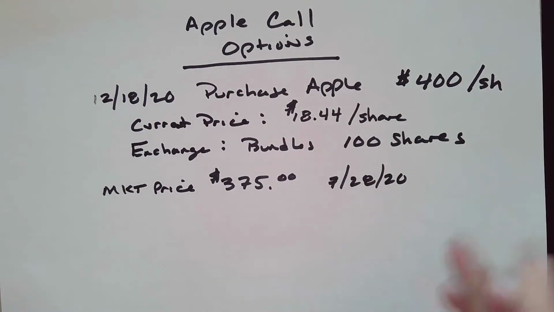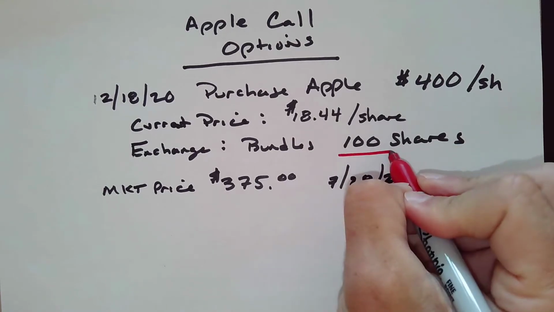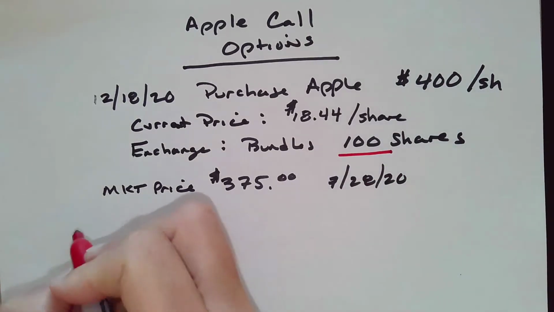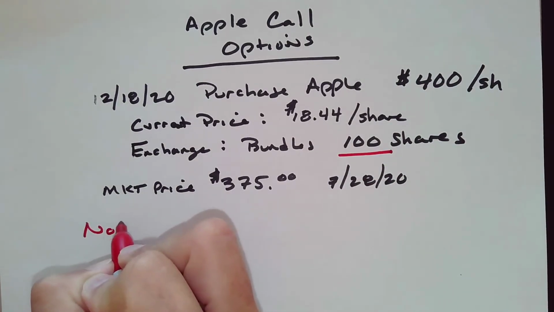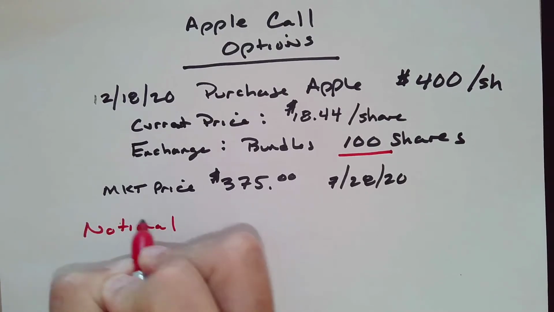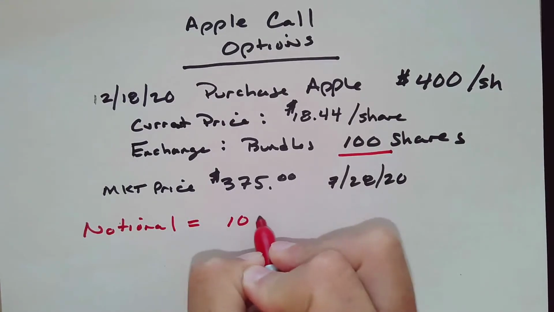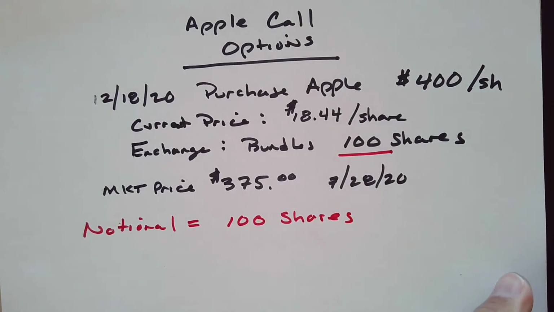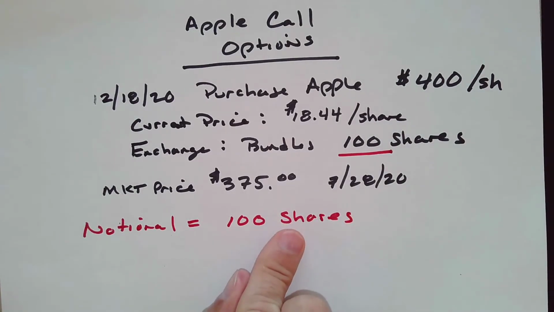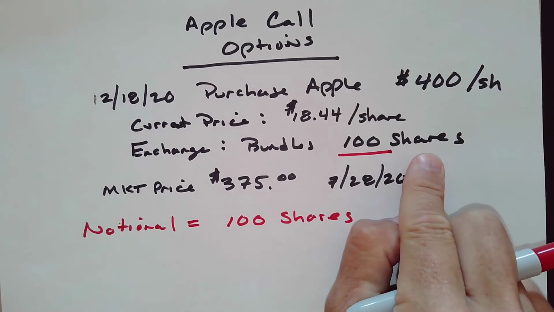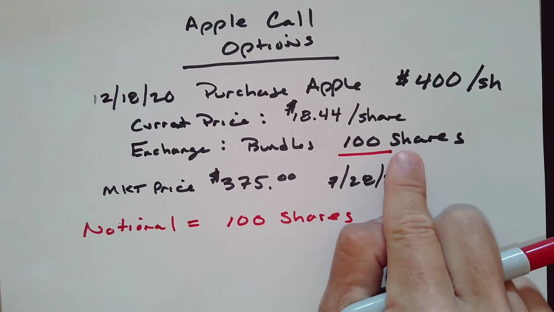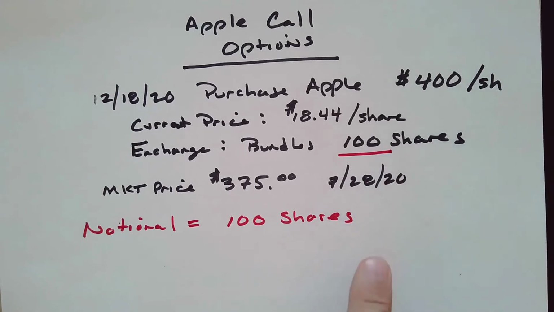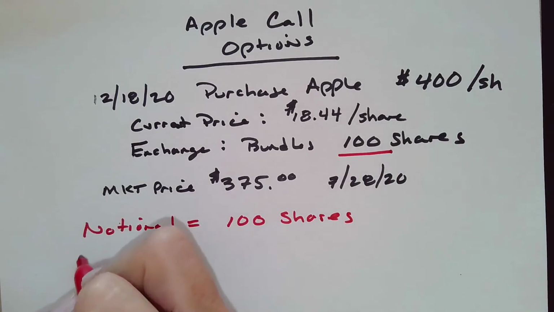Well, the quantity we have here is 100 shares. So the notional on this contract is 100 shares. So it has a notional. All right, so what makes this contract go up and down in value? Well, whatever makes it go up and down in value is considered the underlying.